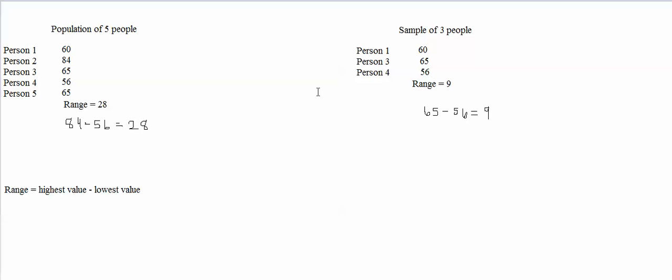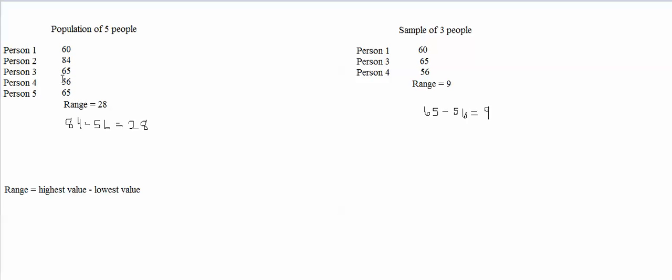So it's looking like the sample is less spread out than the population, meaning the numbers in the sample are closer together and have less dispersion. And the numbers in the entire population are more spread out and have more dispersion.